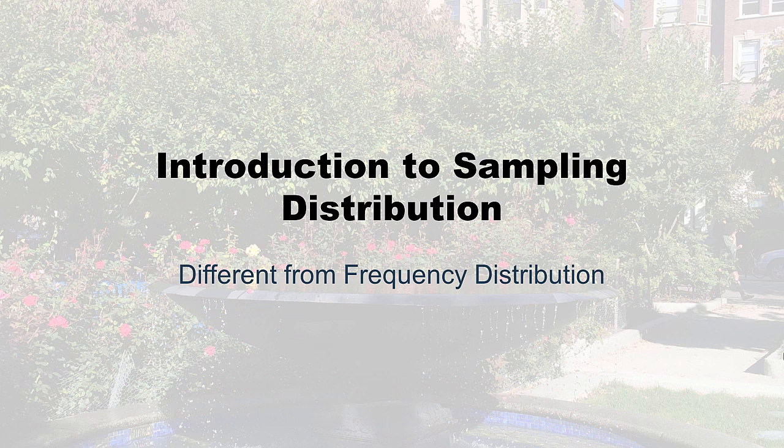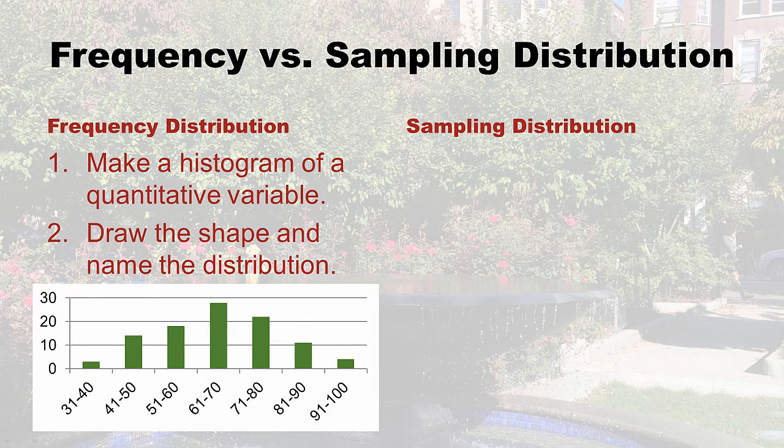Okay, so now we're going to move on to talking about sampling distribution and how it's different from a frequency distribution. Let's remind ourselves what a frequency distribution actually is. Remember, from a long time ago, you would have a quantitative variable. You'd make a frequency table, and then use that to graph the histogram.